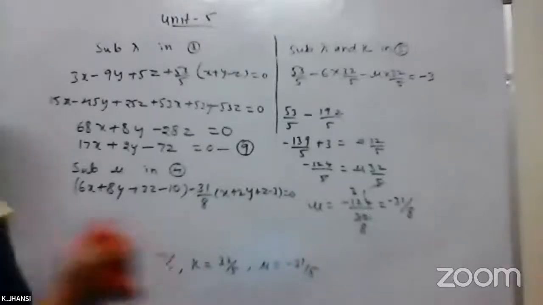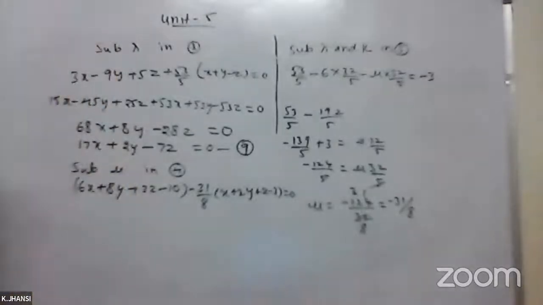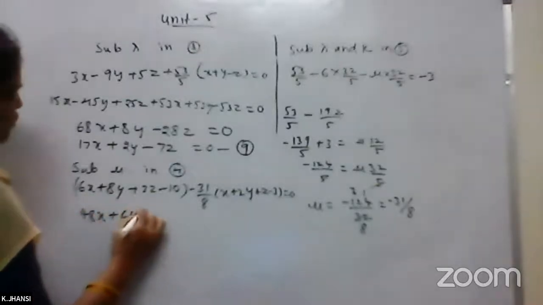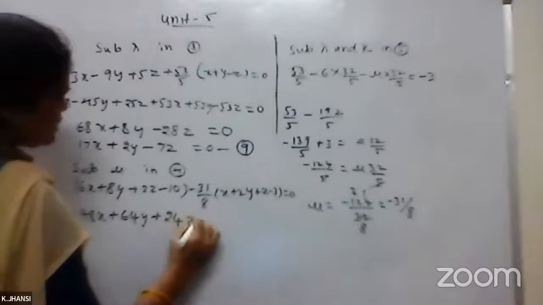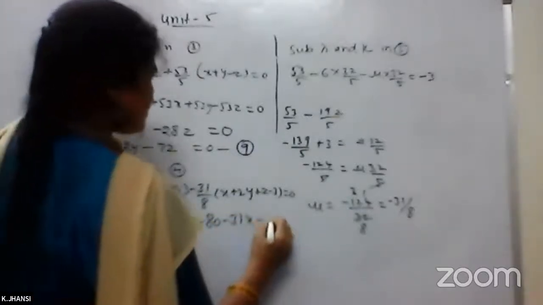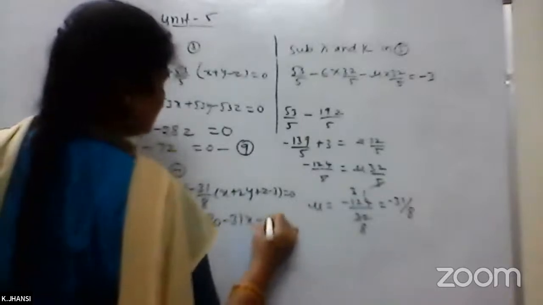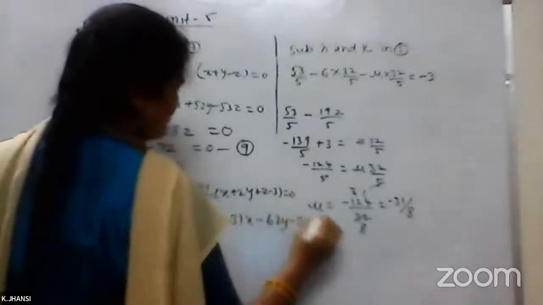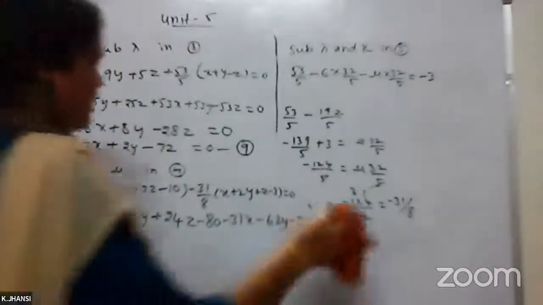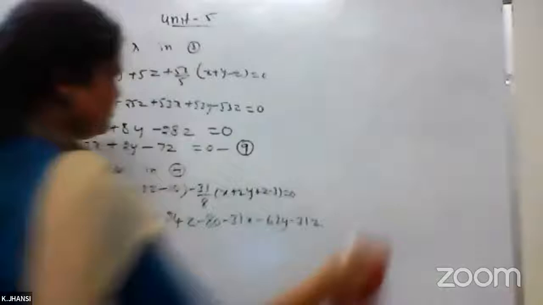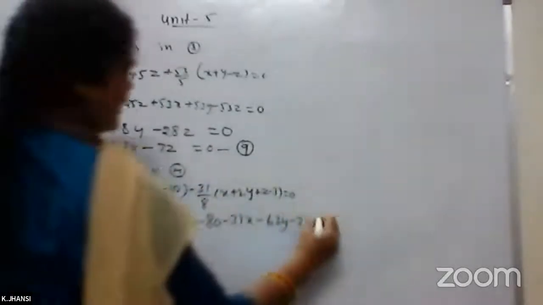So when you do the cross multiplication and you do the simplification, 8 6 are 48x, 8 8 is 64y plus 24z minus 80 minus 31x minus 62y, next minus 31z, again minus into minus plus 93.